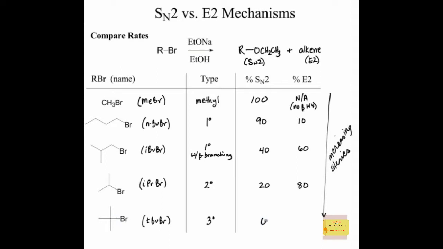So let's say there's essentially 0 and 100 now in this switch. Remember, tertiary alkyl halide is no reaction with the SN2. But a reaction, in fact, does take place. Instead, it's the E2 elimination reaction.